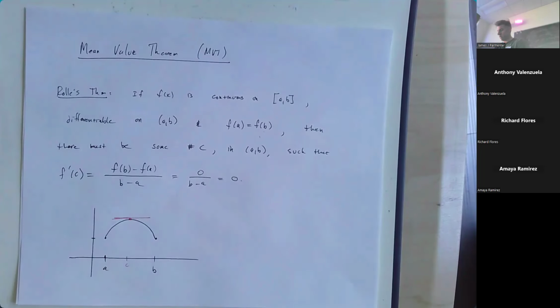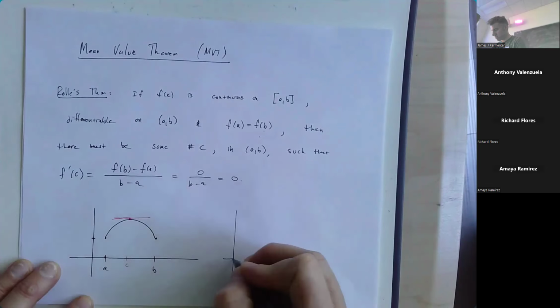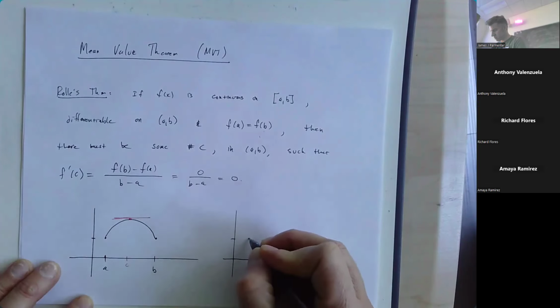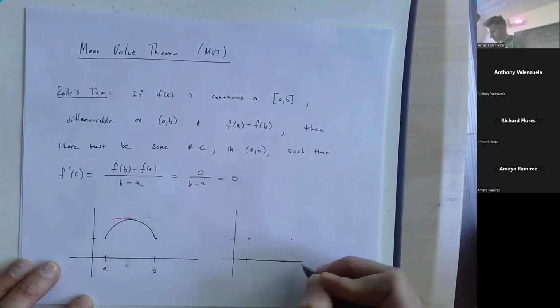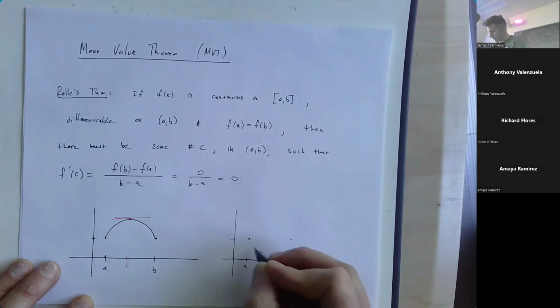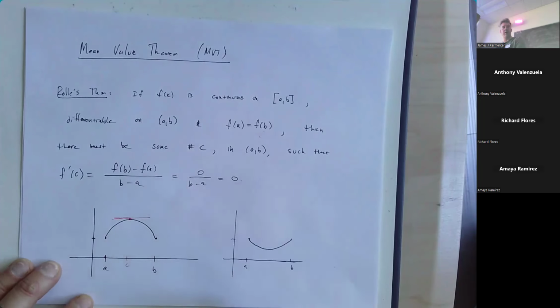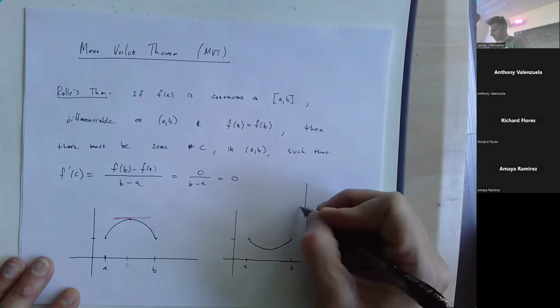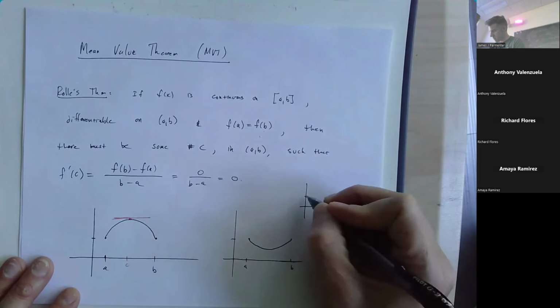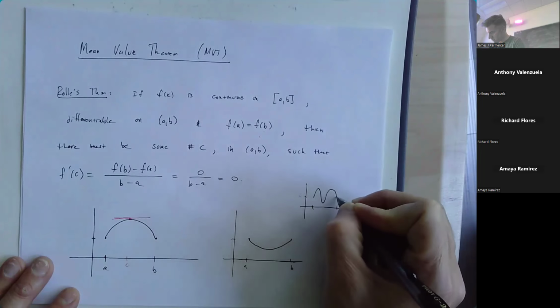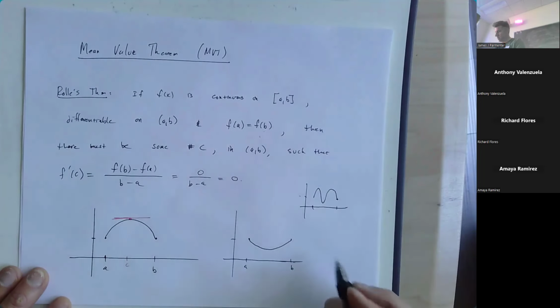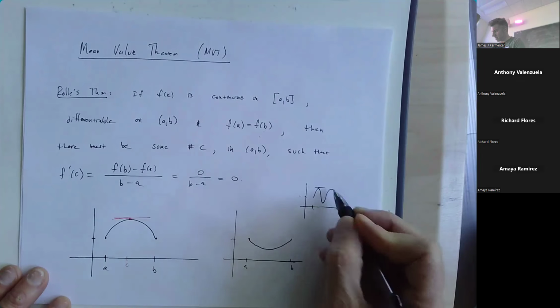Or maybe it looks like this. Or maybe it does a bunch of stuff, right? Maybe it's like that, and you have multiple points where there's a 0 derivative.